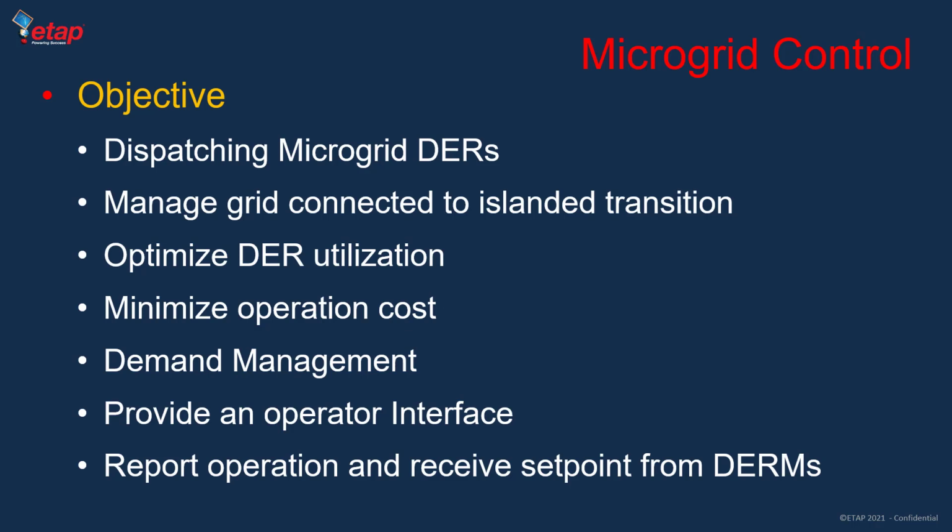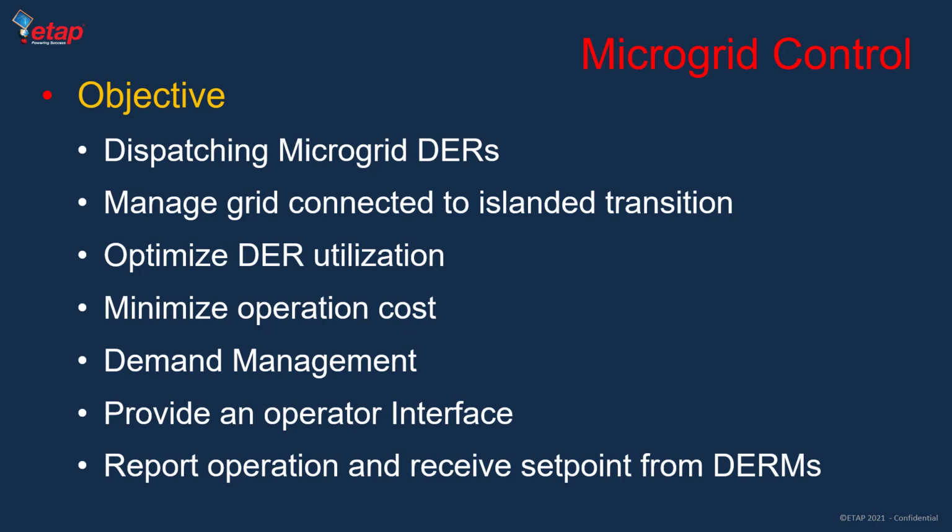Another objective is to optimize the distributed energy resource utilization. That means that you want to use as much renewables as possible in the microgrid. You want to minimize operation costs, so it needs to have an understanding of the cost of generation, different types of generation, and energy costs from the utility. Also, demand management is very important. If you island a microgrid, typically the energy resources in the microgrid are not sufficient to maintain the demand on the system.